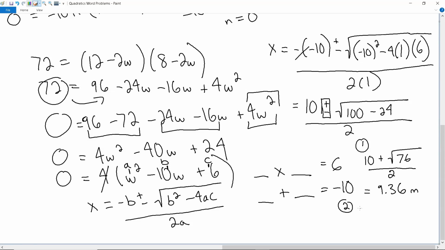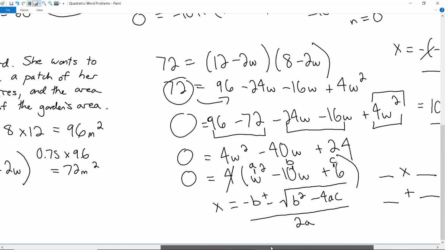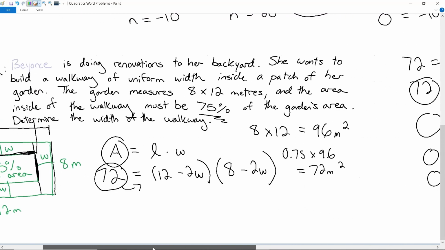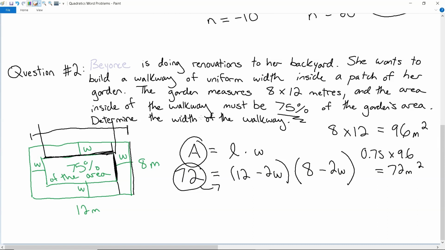For our second zero, we're going to want to subtract our square root, and that will give us an answer of 0.64 meters. So there we have it. Let's go back here. So our two possible widths are 9.36 or 0.64.